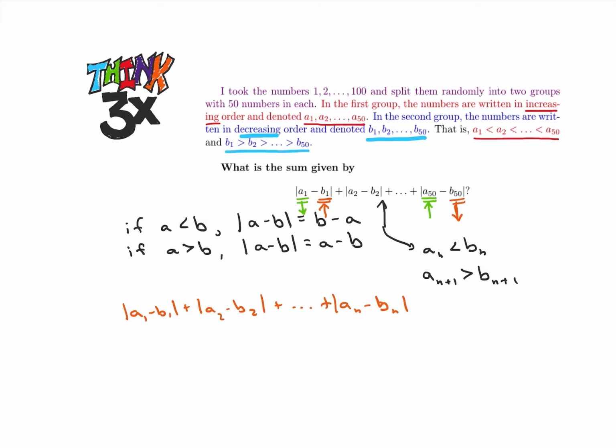And all of those are just going to be equal to, how we showed above, b1 minus a1 plus b2 minus a2 up to b sub n minus a sub n. So what I can see here is that I'm summing up all of my terms from i equals 1 to n of b sub i minus the sum of all of my a terms up to n. And that's just going to be the difference between those two sums.